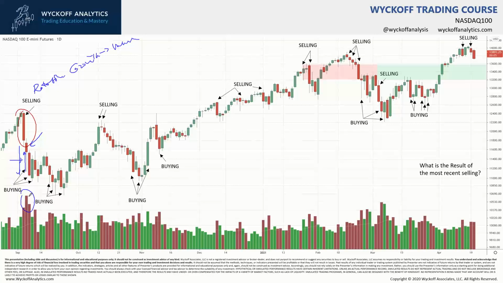And that happens on the increased volume signature. So behind the increase of the supply, there is an increase of the demand. An increase of the demand is always going to do what? Forewarn us of the stopping action of the downtrend, forewarn us of the change of behavior and potential trading range.